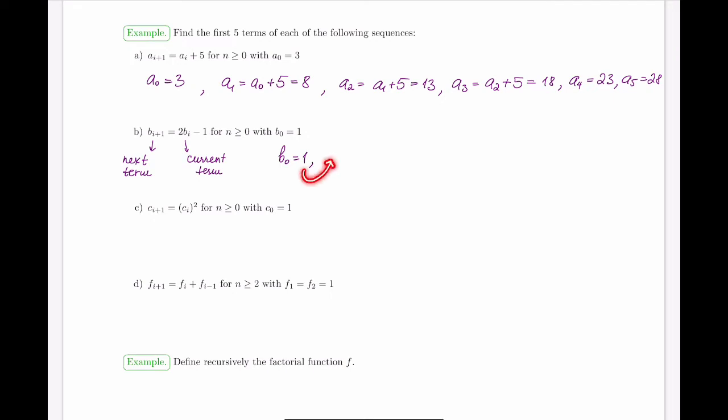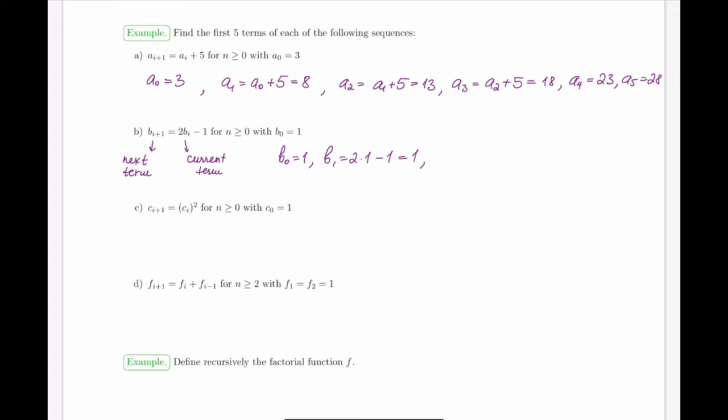The next term is going to be twice this, as the rule tells us, twice this minus 1. So B1 is going to be twice that minus 1. 2 minus 1 is just 1.